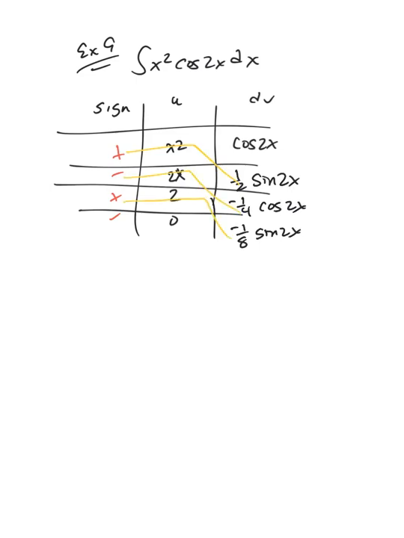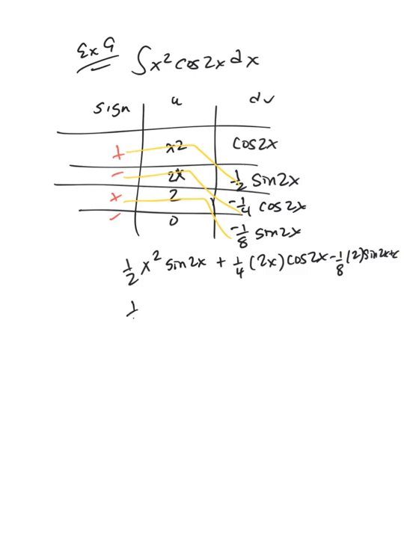Okay, so the final answer is going to be 1/2 x squared sine 2x plus, because it's minus and negative, one-fourth times 2x times cos 2x minus 1/8 times 2 times sine 2x plus c.